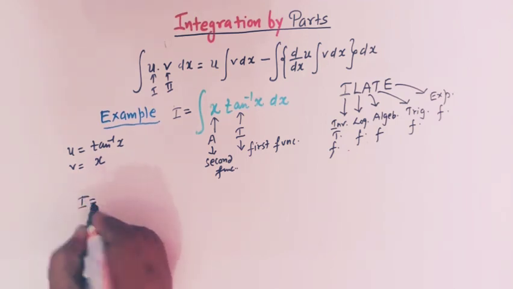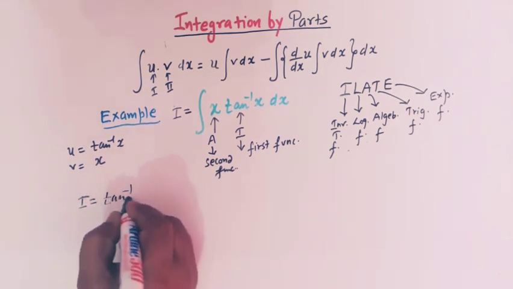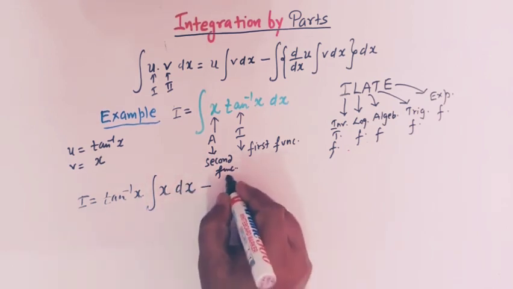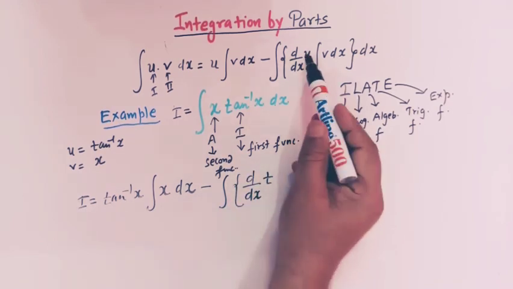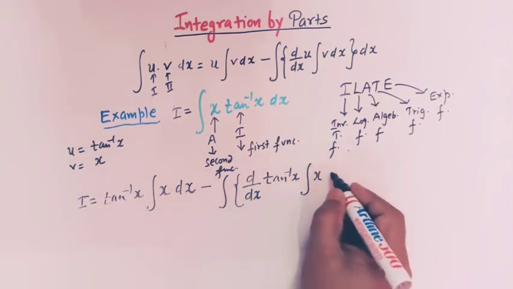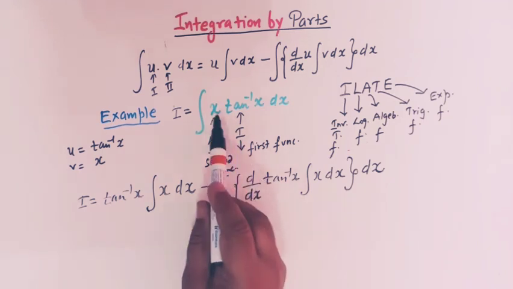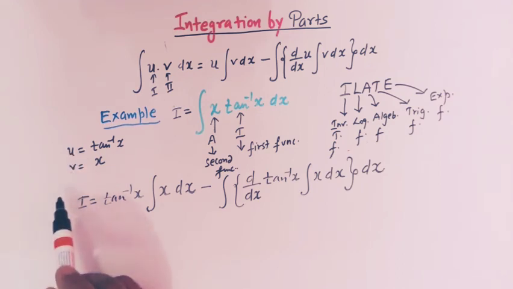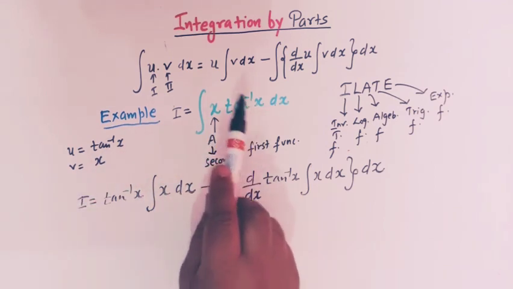So I becomes u integral of v, so u is tan inverse x, then integral of x dx minus integral of the derivative of tan inverse x, because u is tan inverse x, and then we have integral of x dx, and here we have dx, right? So the first step is to decide which function is to be taken as first function and which is to be taken as second function, and once we decide this order of the function, then we'll apply this rule.